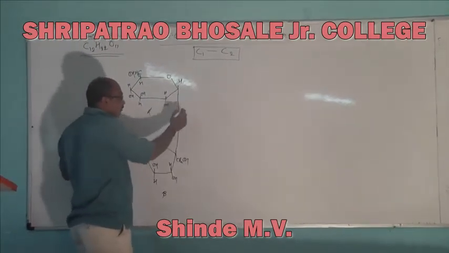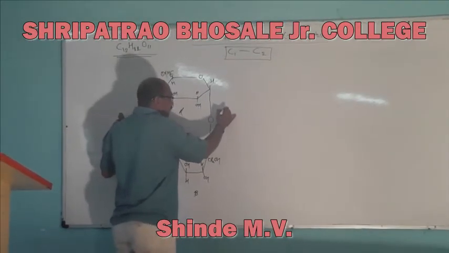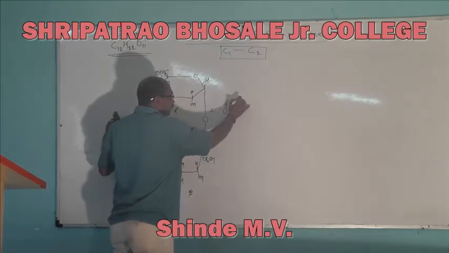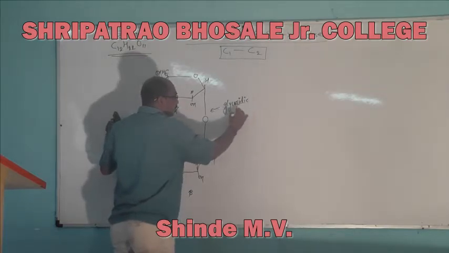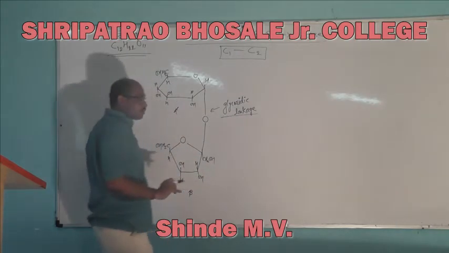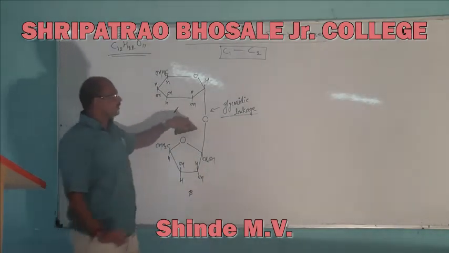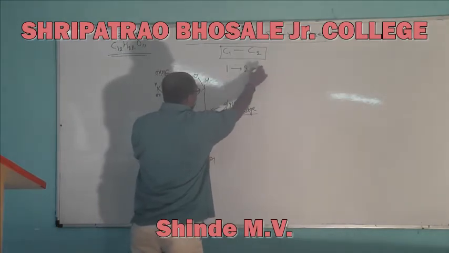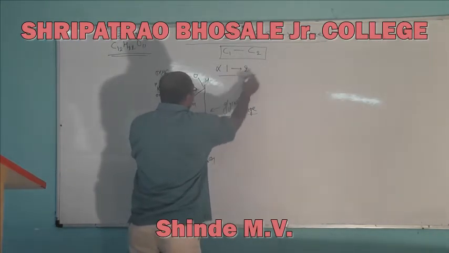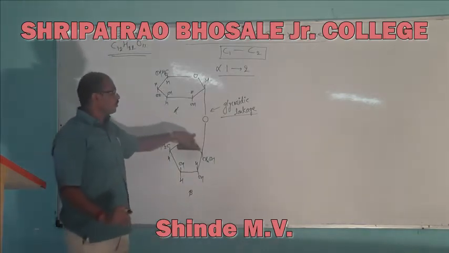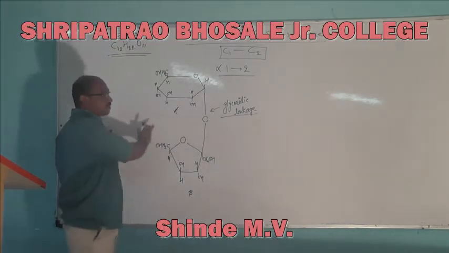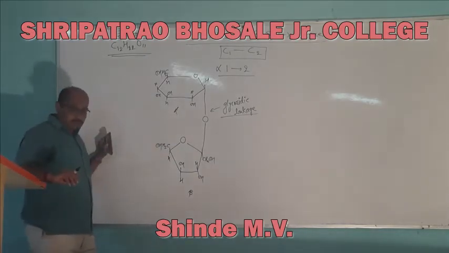These two are attached by a glycosidic linkage, which is a 1 to 2 alpha linkage. This one is the structure of the sucrose molecule.